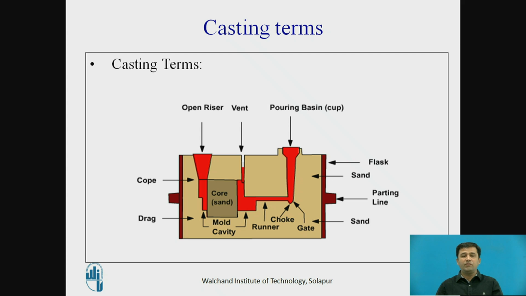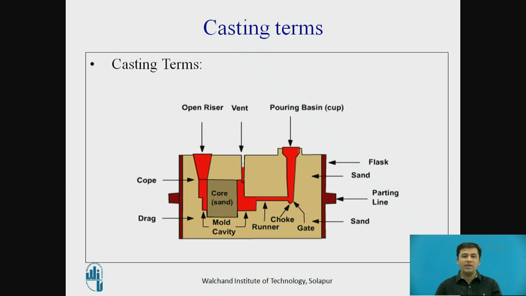Now, when the metal is poured and it rushes, as the metal is in very hot conditions, what is the main phenomenon? Gases are available in the molten part of the metal. Second, gases are also available in the sand part, because it is moist sand.